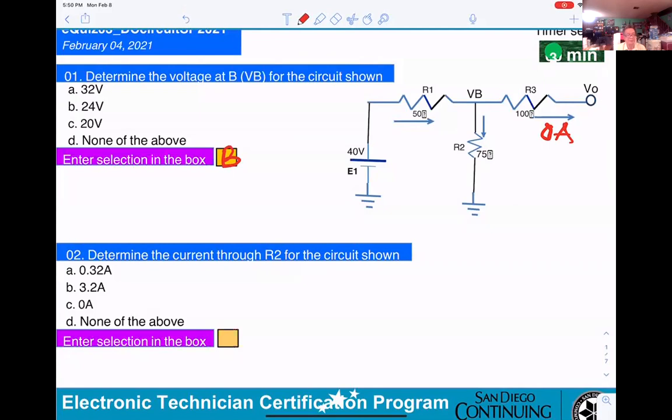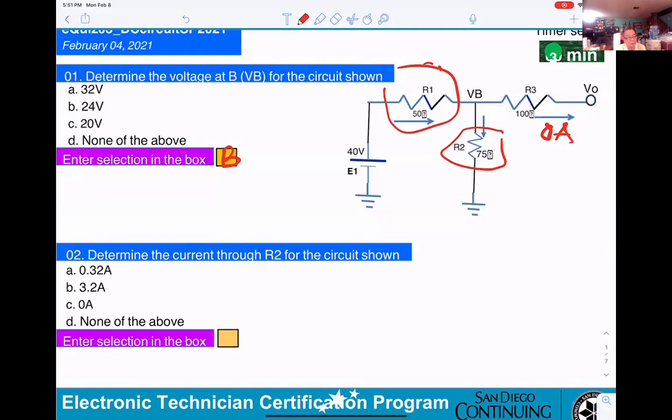There's no place for the current to go. It's an open circuit. Open circuit, current equals 0. So now you only need this resistor here and that one.